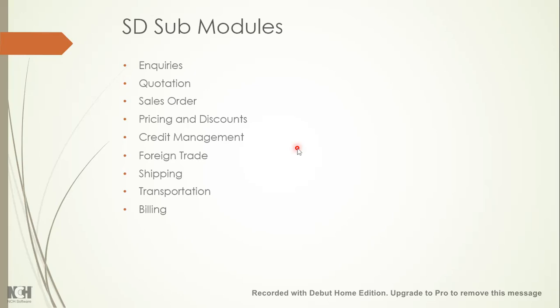You can also define what should happen when a credit limit is exceeded. Do you want to block the sales order, or create the sales order but block delivery? Those types of things you will define in credit management.